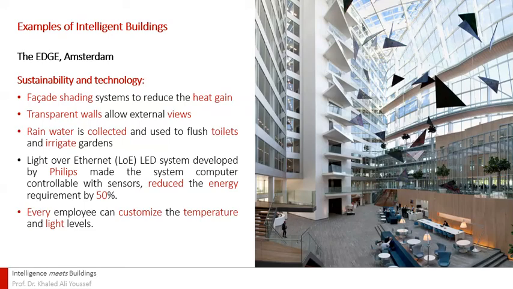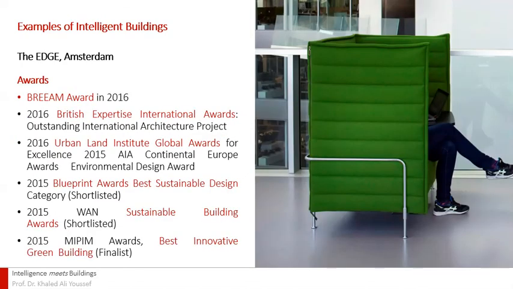The features of building intelligence in this building include a smart shading system to minimize heat gain, transparent walls to maximize external views, a collection of rainwater to be used afterwards to flush toilets and irrigate gardens, LED lighting systems developed by Philips to reduce the energy requirement by almost 50%, and customized temperature and light levels.